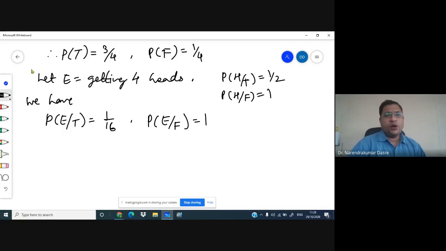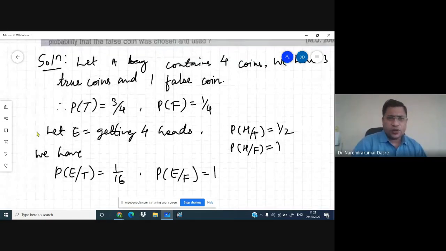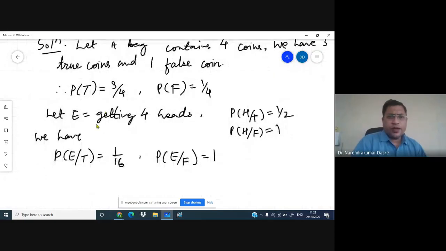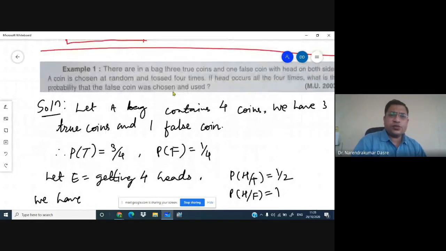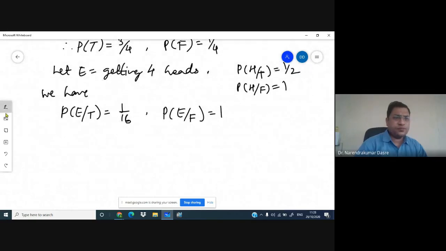Now we know the probability of getting 4 heads. We want to find out whether the false coin was used. What is the probability that the false coin was chosen and used? So I want to find the probability of the false coin given the event.